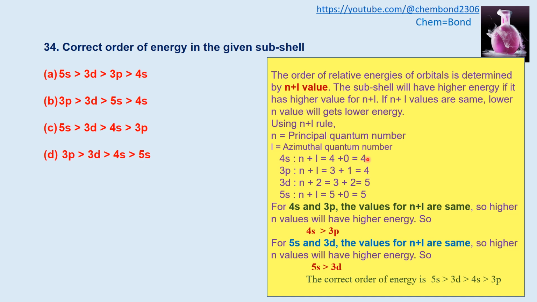For 4s we get 4, for 3p we get 4, and for 3d and 5s we get 5.